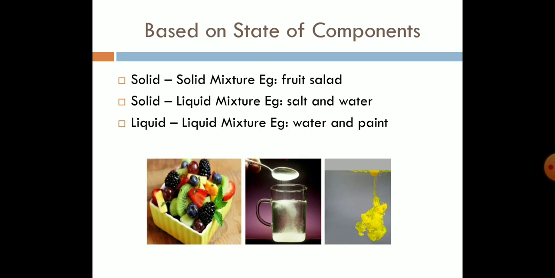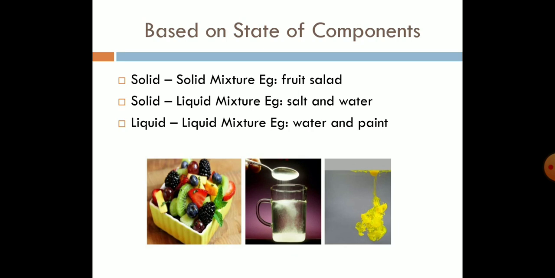Okay, so a solid and solid mixture. You have the example of fruit salad. You cut different fruits, apple, banana, mango, strawberry, peach, grapes, pineapple, and you mix them. You can identify those fruits with their colors.